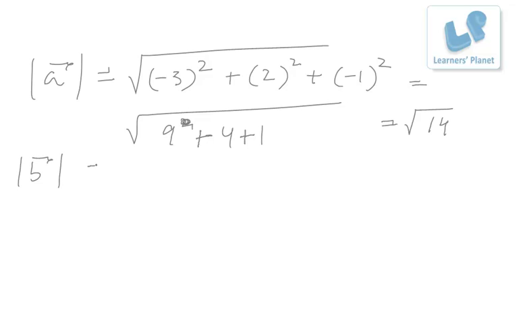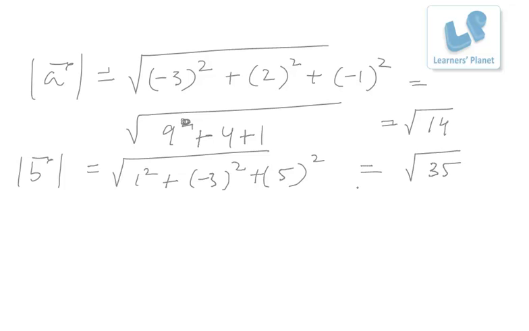Similarly, magnitude of B is given by under root of 1 square plus minus 3 square plus 5 square. Now this value will be equal to under root of 35.